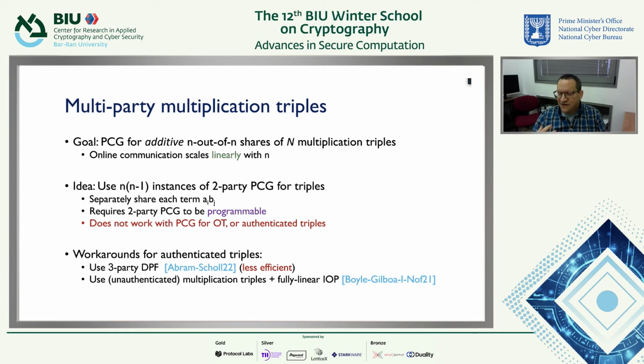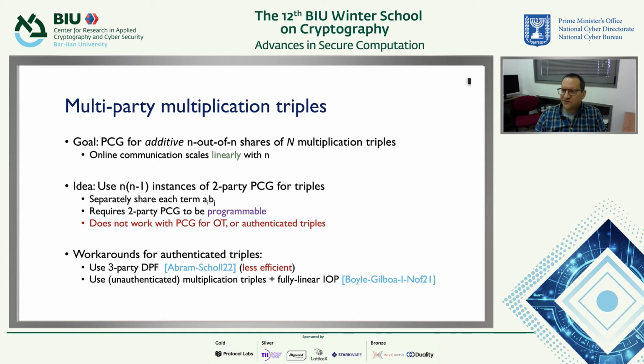And in this work, we show that you can actually use unauthenticated triples, so kind of like semi-honest, and only use a logarithmic amount of extra correlated randomness, which in some cases can be generated efficiently, to get full security.